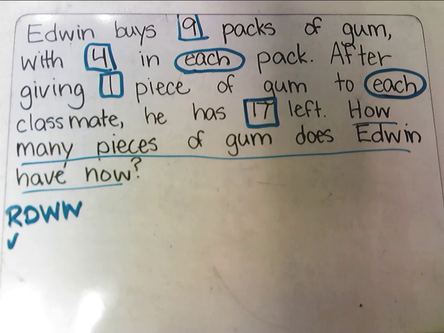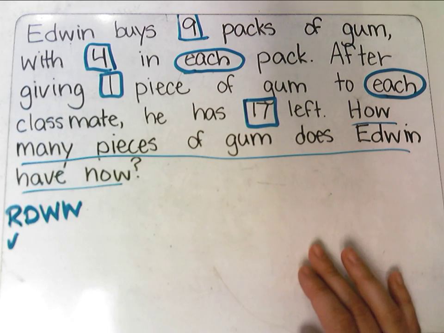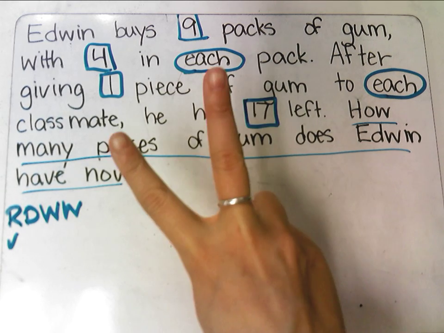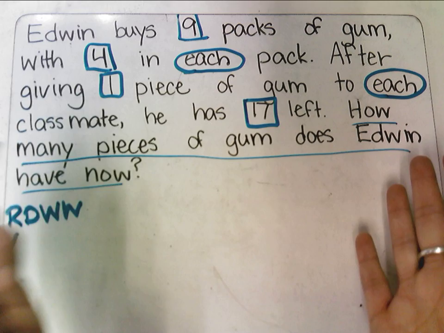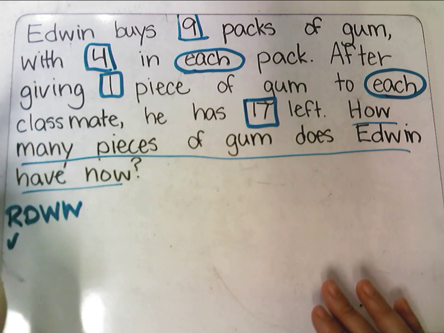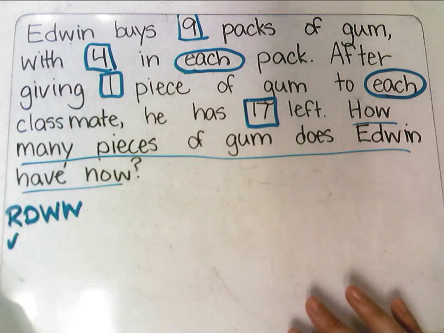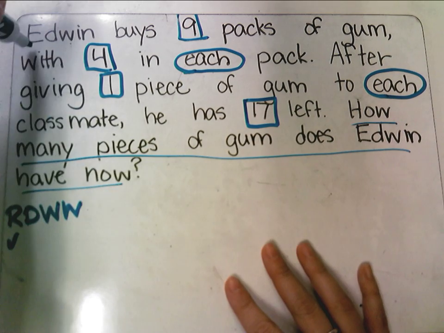Our next step is to draw. Well, I'm only going to draw for my first sentence because like I told you, this is a two-step word problem, so we have to start somewhere. So let's start with our first sentence. Edwin buys 9 packs of gum with 4 in each pack. What could we draw for this?